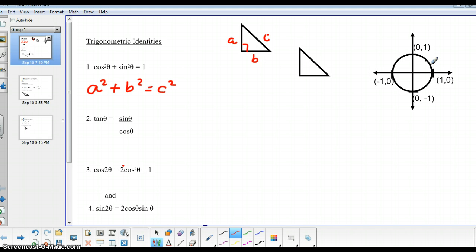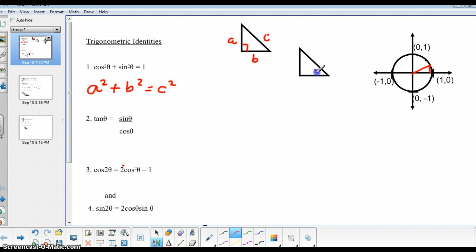Let's first take a look at approximately 30 degrees. If we were to look at that point with 30 degrees, we would be using this as a reference angle here. This right here would be our hypotenuse of 1, and then we would have 30 degrees of our angle. Let's move this triangle over here and just talk about this part.